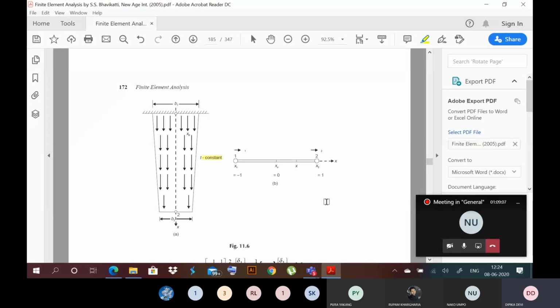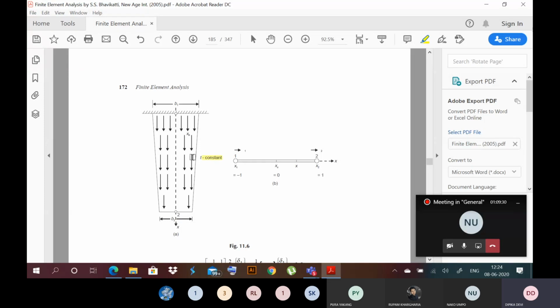So we see that the shape functions of the element vary linearly. At the same time, the cross section is also varying linearly. Therefore, the same shape functions can be used to find out the area at any point within the element. This is also one kind of isoparametric formulation.